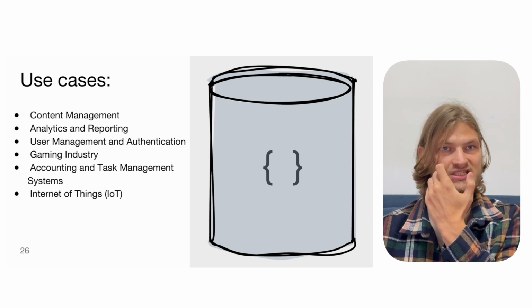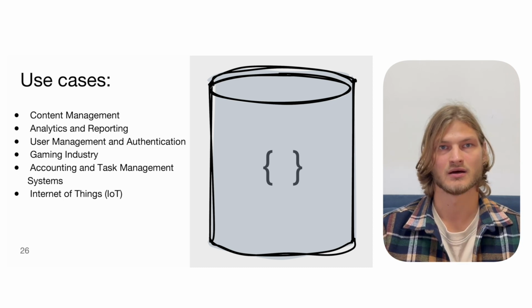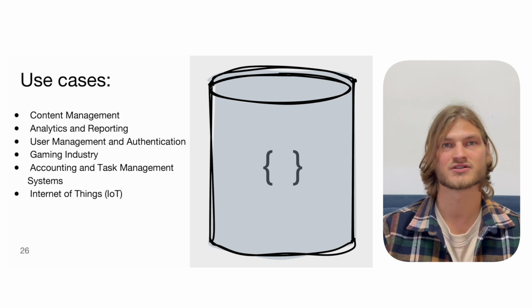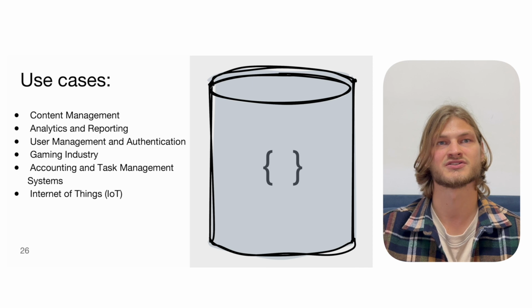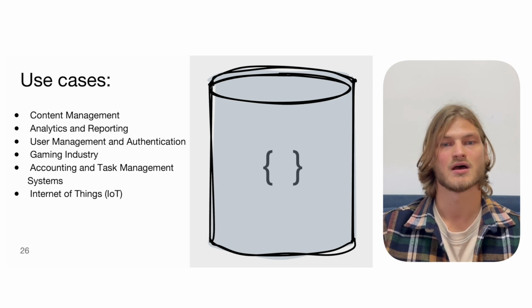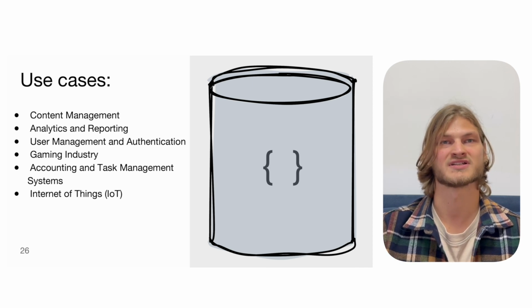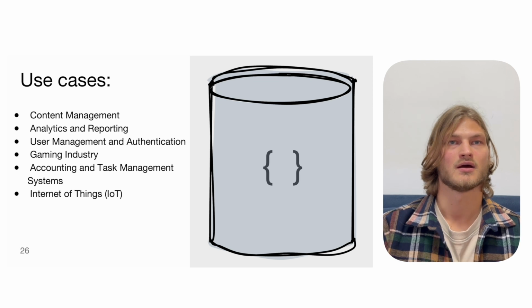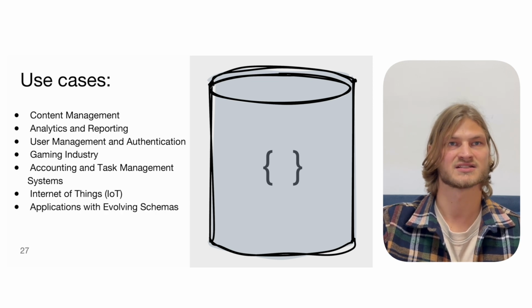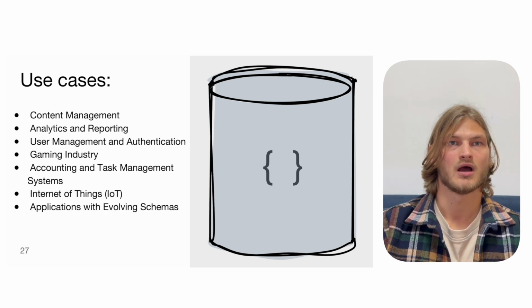Also, it's used in Internet of Things, so you can store data from sensors and Internet of Things devices, as they can store various types of data, and so on.